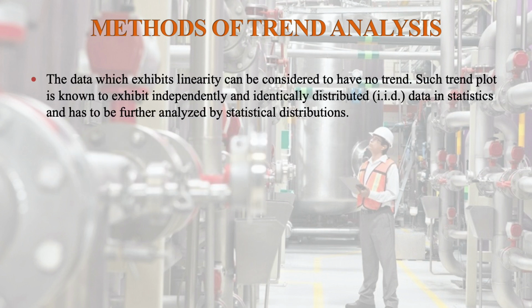The data which exhibits linearity can be considered to have no trend. Such a plot is known to exhibit independently and identically distributed data in statistics and has to be further analyzed by statistical distribution.